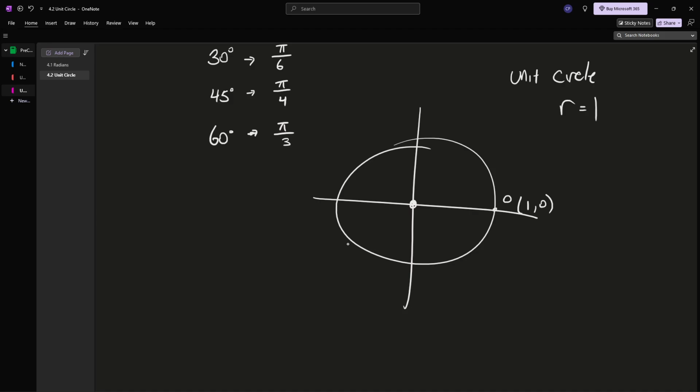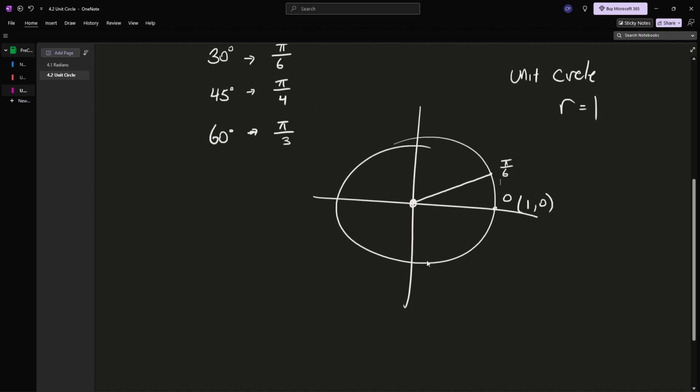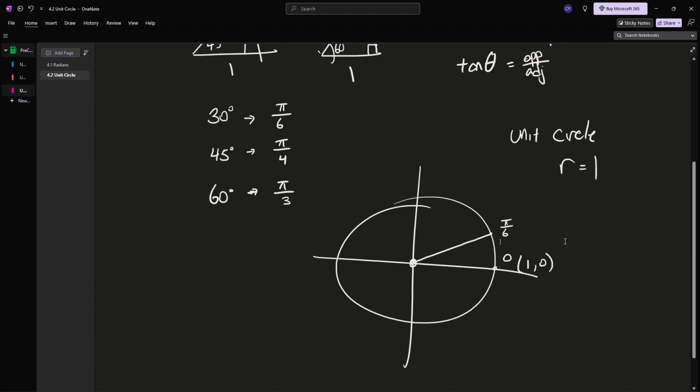The next angles that we care about are intervals of 30, 45, 60 in each quadrant. As I bring it up, we have this right here with pi over 6. I'm going to take this out and see what we can do with it.